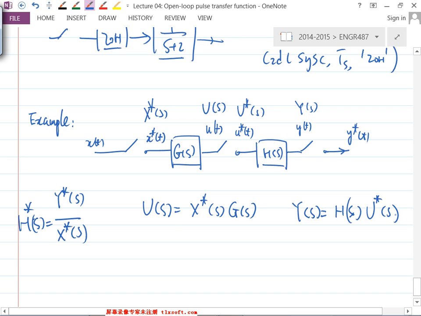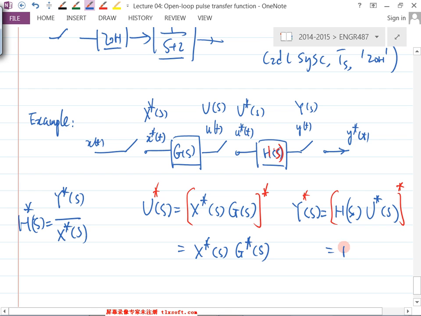So for this particular one here, let's take the star operation. For this one, the star operation gives me x star, g star, right?